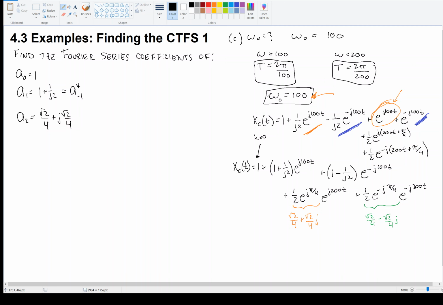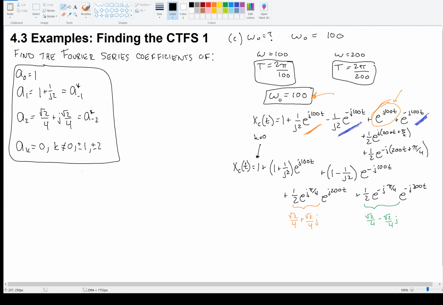See, it's all relative to this one. So in green that's the coefficient, and notice that's the complex conjugate of what I just wrote down. Okay, and then all the other AKs are 0, so I'm going to write that down. AK equals 0 when k does not equal 0, plus or minus 1, plus or minus 2. So all of those things together specify the Fourier series of our wave.